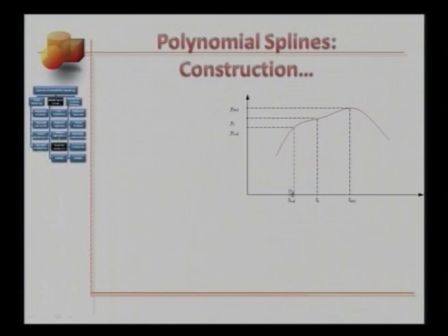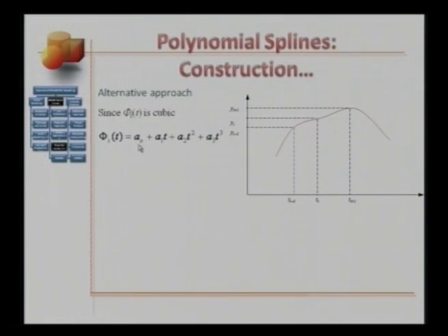Let's start with this figure again. Let's say we know the values at different knots of the spline. The values would be y i minus 1 at t i minus 1, y i at t i, and y i plus 1 at t i plus 1, and so on and so forth. Or let's discuss an alternate approach. Since each segment over here represented by phi i is cubic, I can write phi i in this form as a function of parameter t.